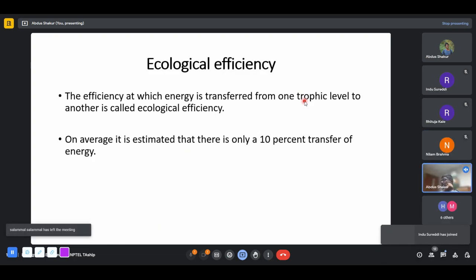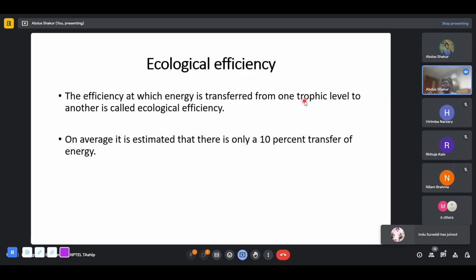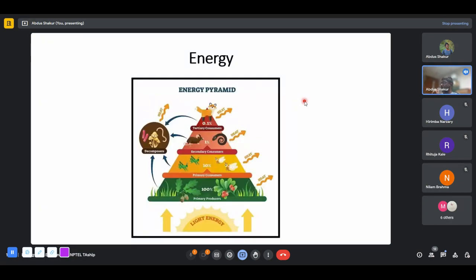And then, it's not like whatever energy is produced by producers, basically plants and grasses, is transferred to everything. There is a loss of energy that happens, and most of this loss happens as heat, as heat and assimilation, or waste.